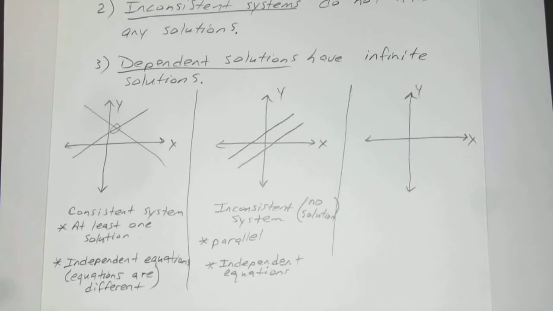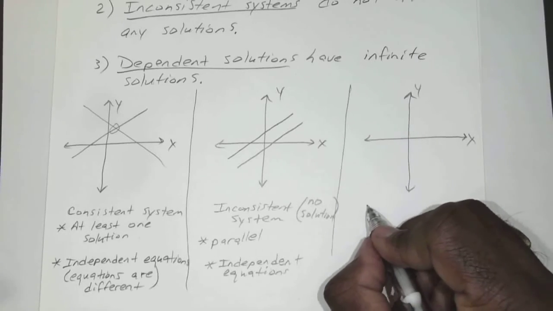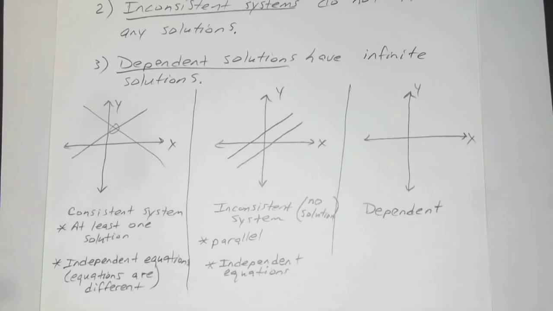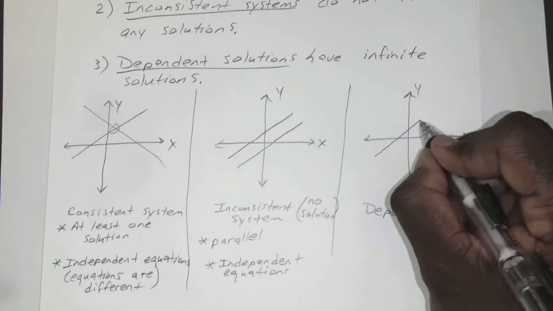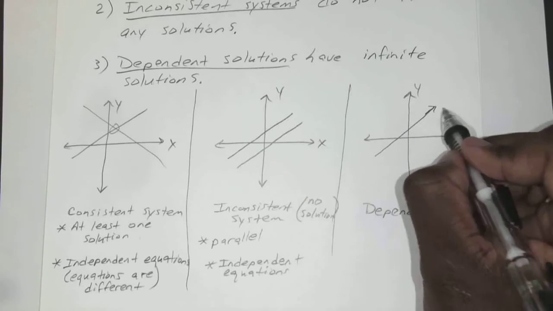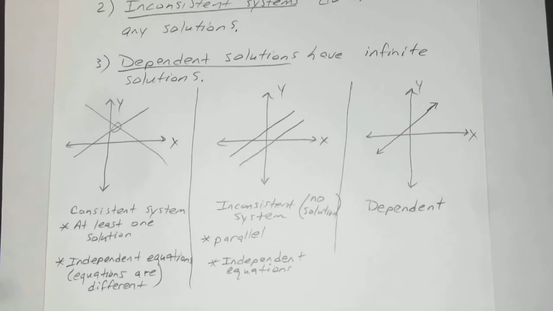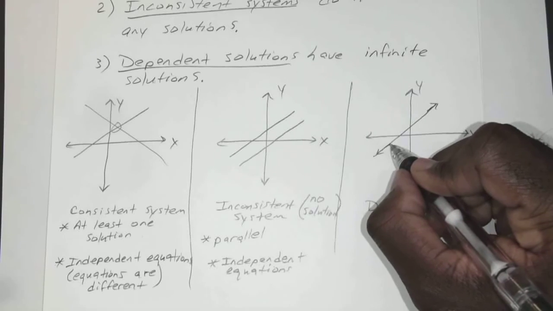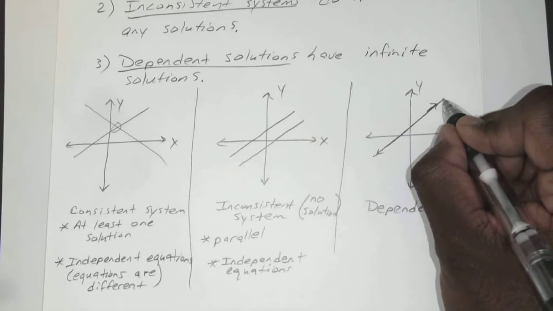Let's say with your dependent system, you graph the first one and you end up with that. But let's say somehow you graph the second one and you end up with the exact same points. So the second one is just right on top of the first one.